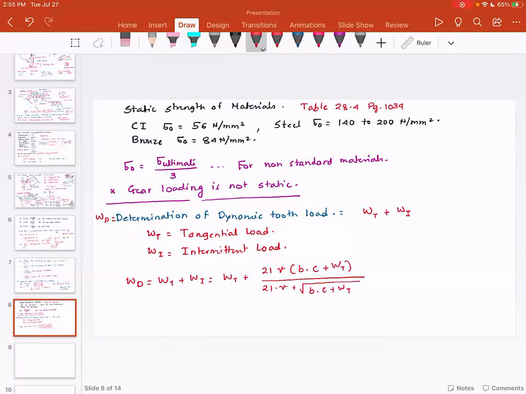I'm not going to derive this equation, but it comes from the Buckingham analysis, so this is also called the Buckingham equation.